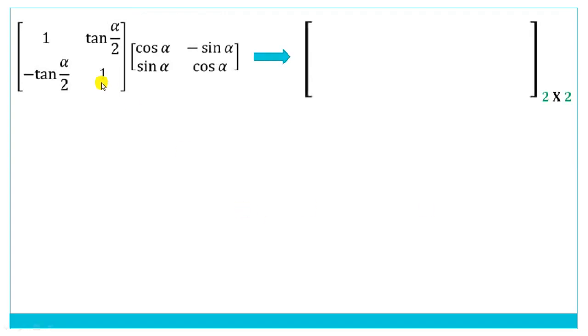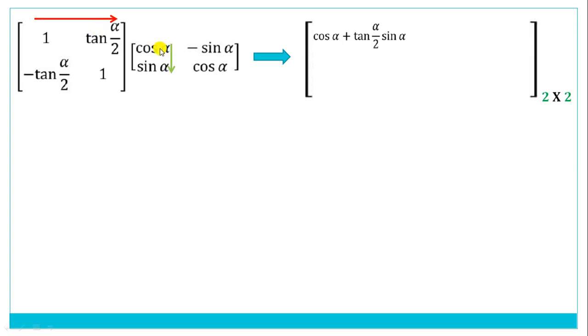Obviously we can easily calculate that the order of the resulting matrix after multiplying these two will be 2 by 2. Again the same procedure. First row multiplied with first column, and then first row is multiplied with the second column.